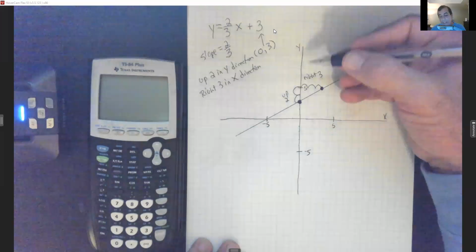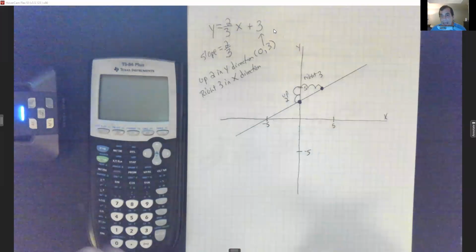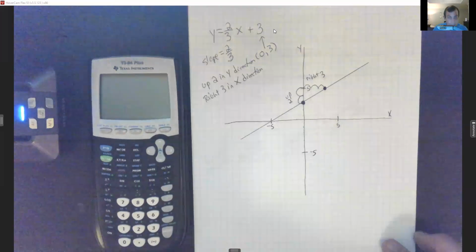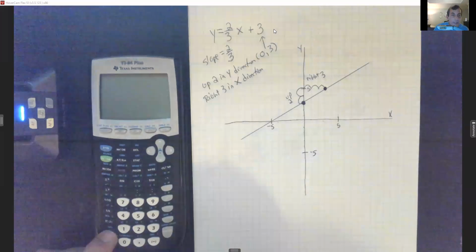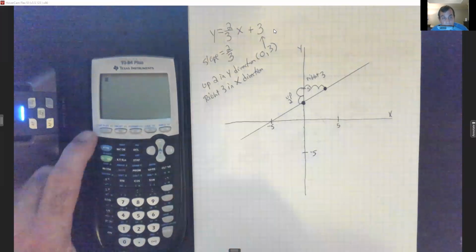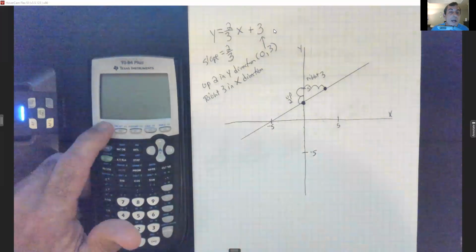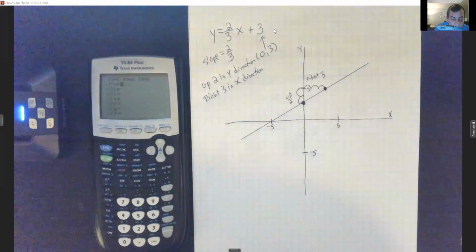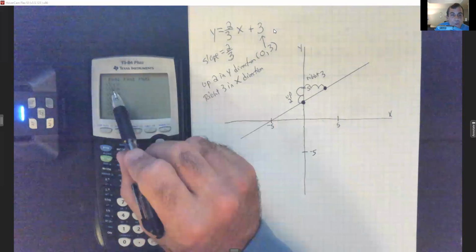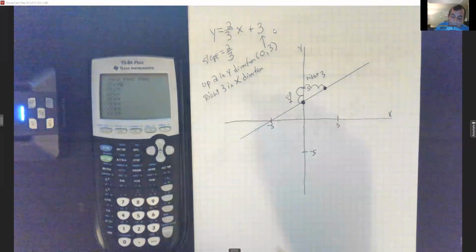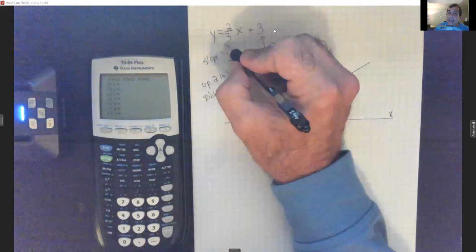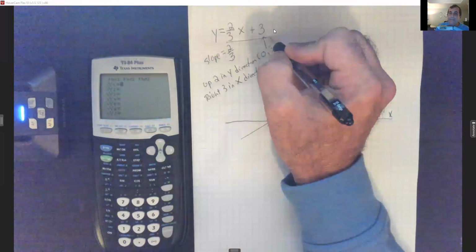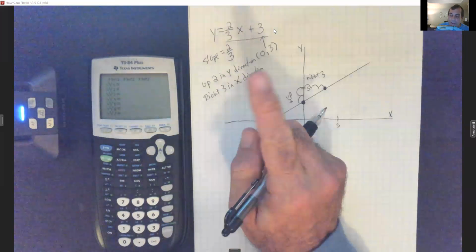So let's draw this on the calculator and see if we come up with what we got here. Turn your calculator on. To graph, you go to the very top left button that says y equals and press it. It's already showing y1 equals, so I need to put in my equation on the right side. I'm going to show you 2 ways you can put this in.